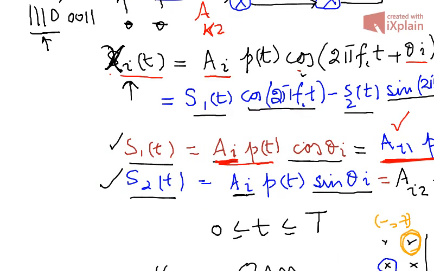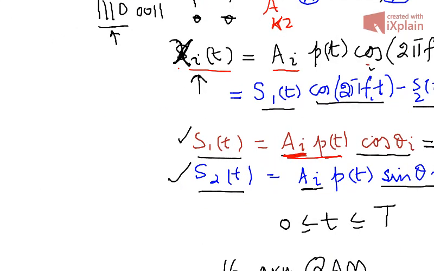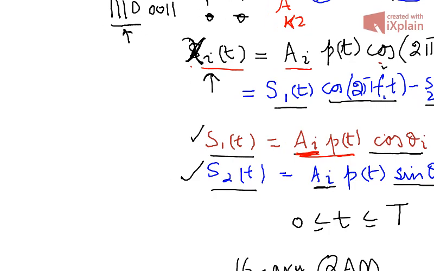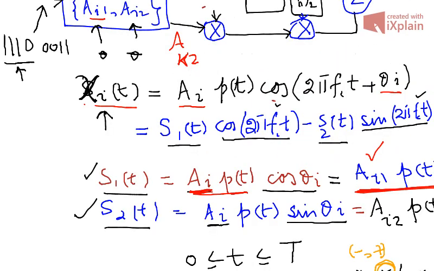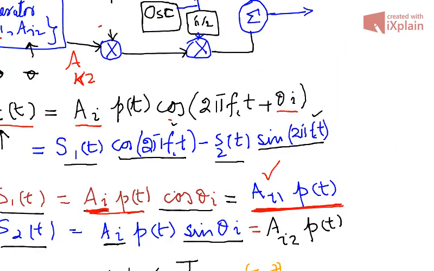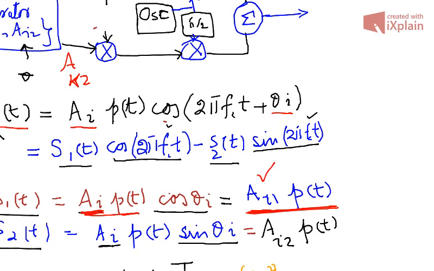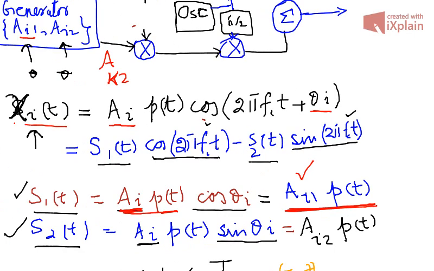This AI P of T is multiplied with cos of 2 pi f ct. So if you observe, your S1 of T is then multiplied with this one. In the upper branch, we are generating this signal, and the lower branch will generate the other half part.